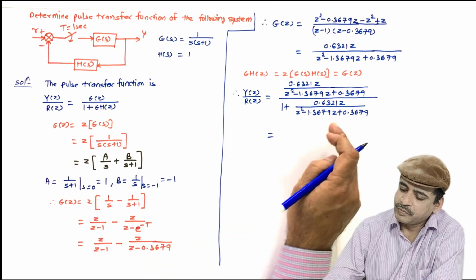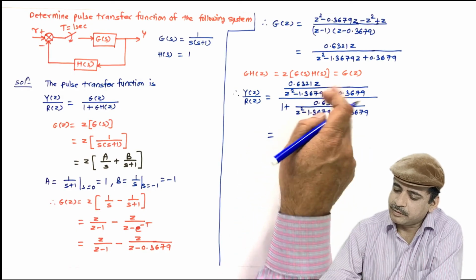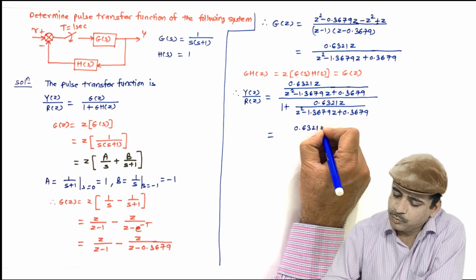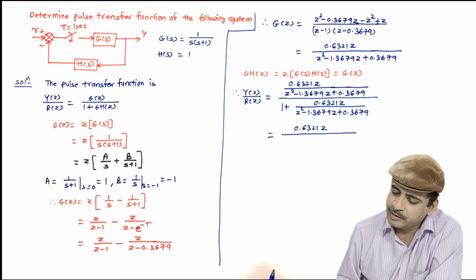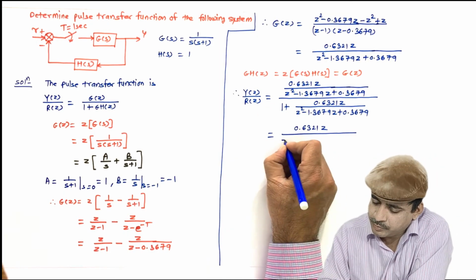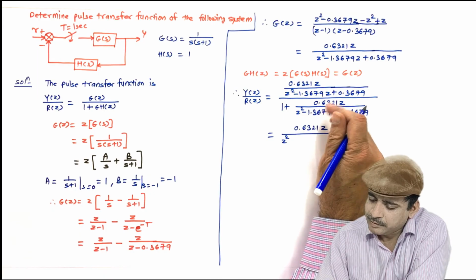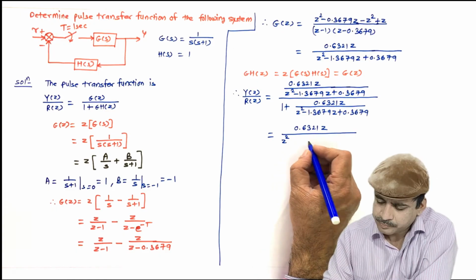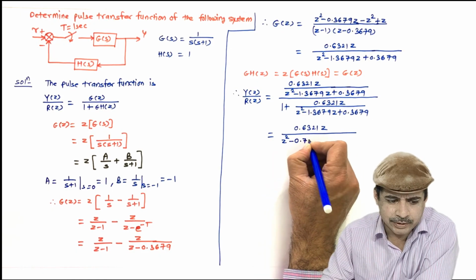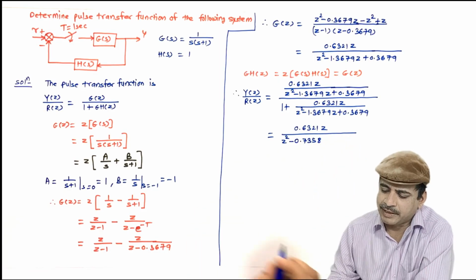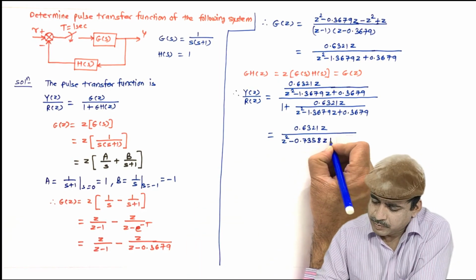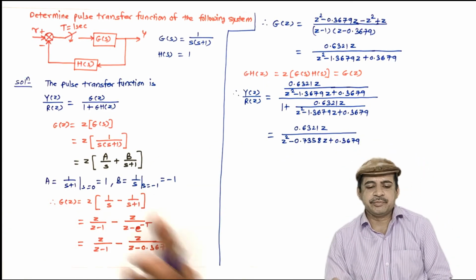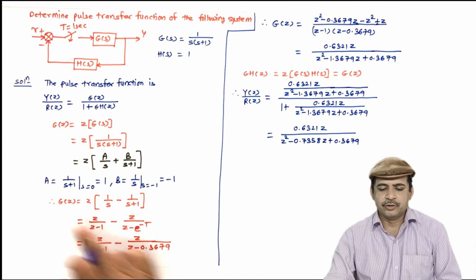If I take the LCM and simplify, this will be 0.6321 z divided by z square, this minus this, I have solved it at the back end, so the value is minus 0.7358 z, plus 0.3679. So if such a structure is there without zero order hold, you can solve like this.